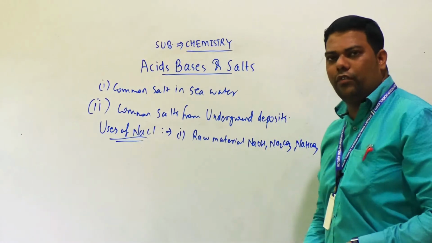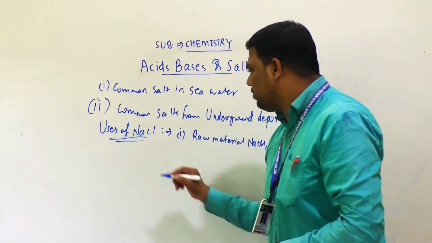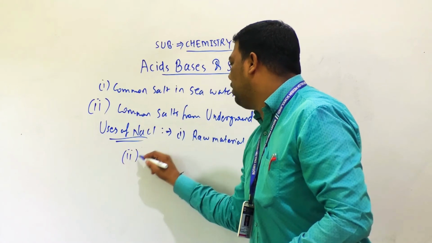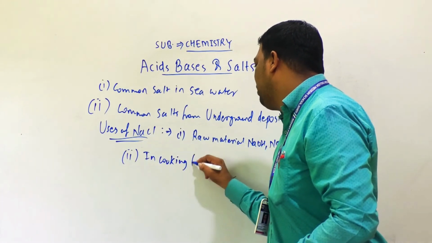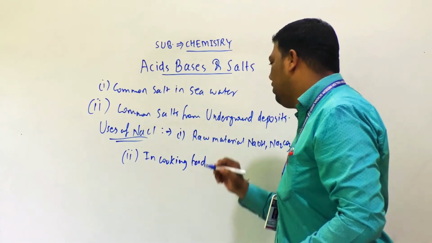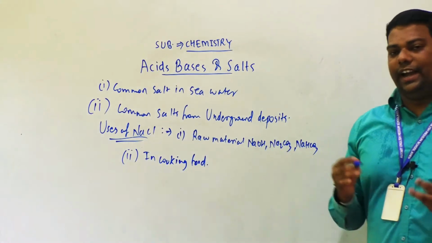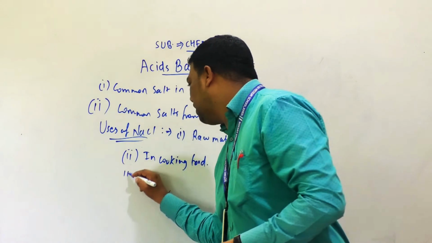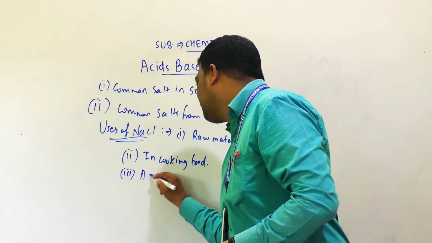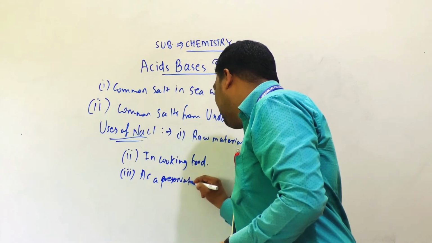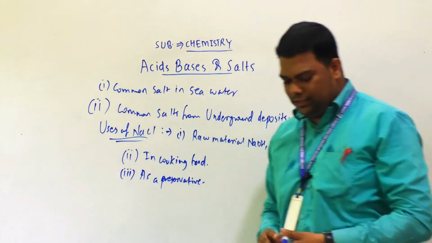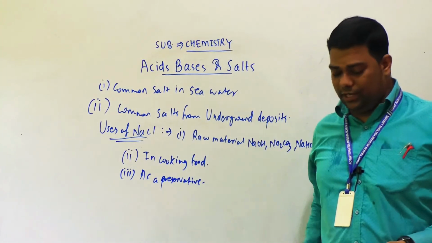Second use: as you know, NaCl is used in cooking food. Third, as a preservative, NaCl is used in pickles.